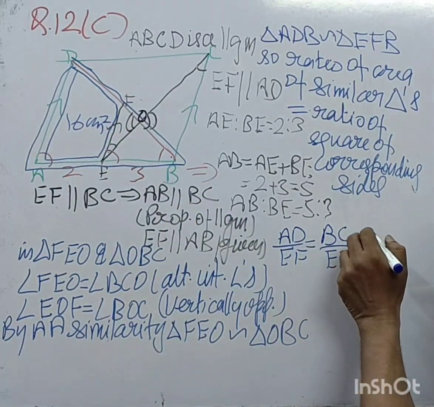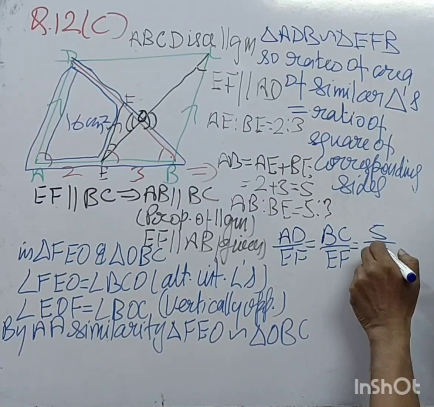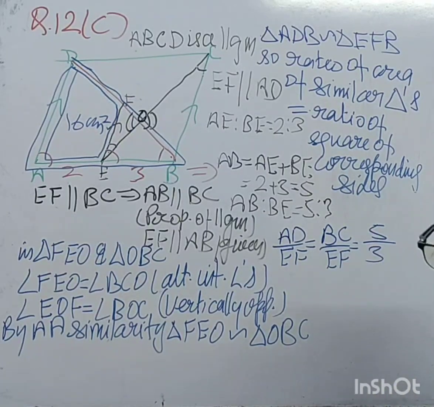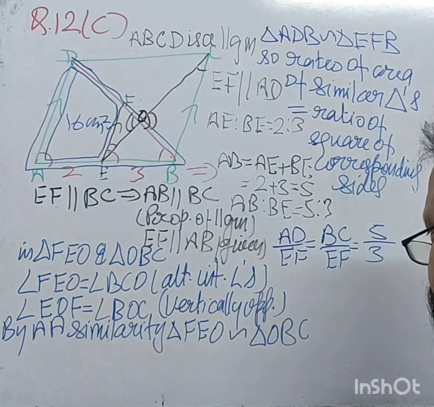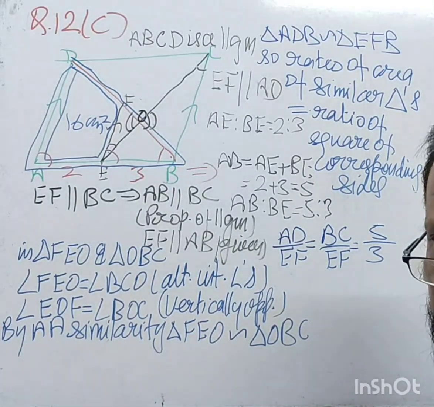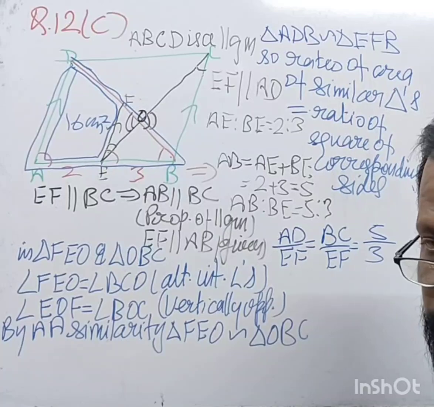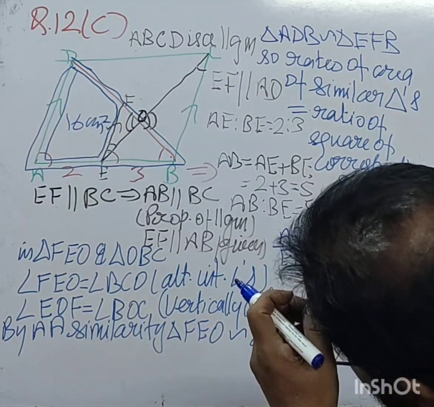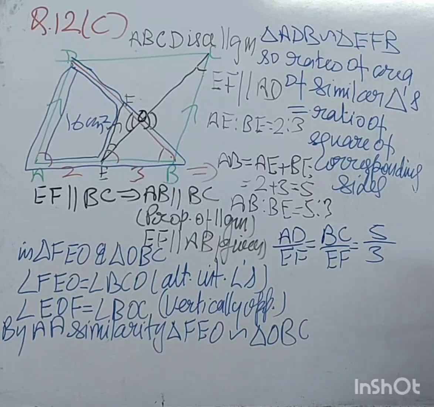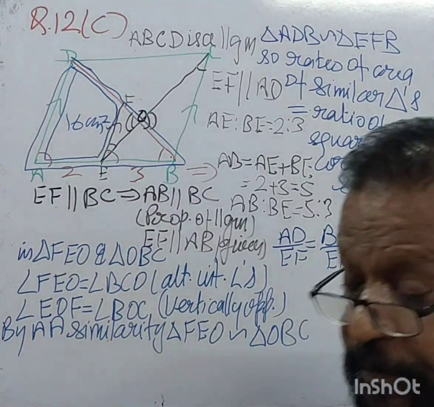So this is 5:3. What is your answer, by the way? 9:25. Hmm? You get this? BC upon EF.